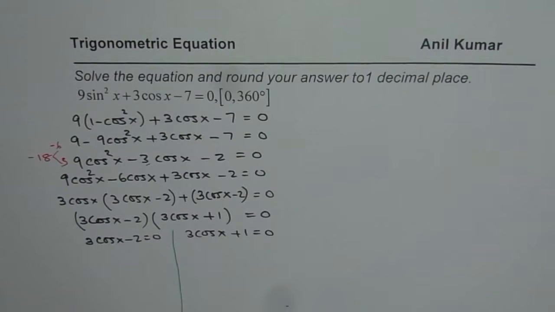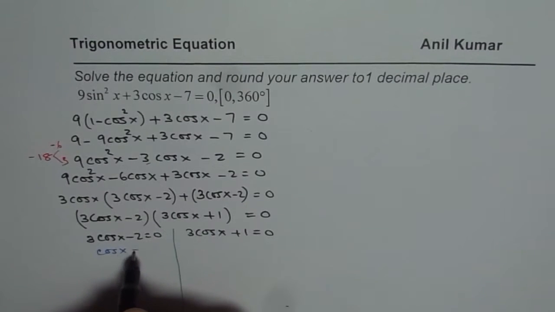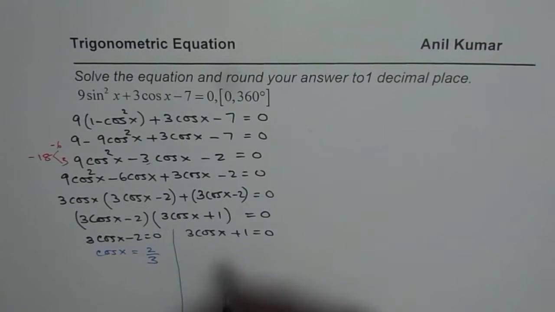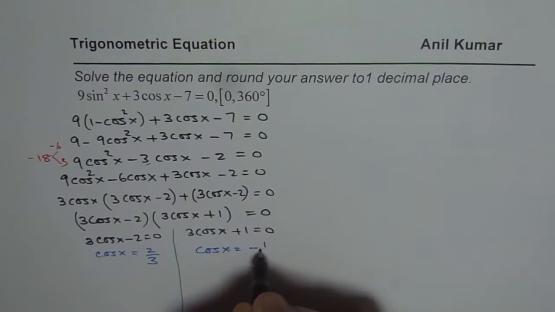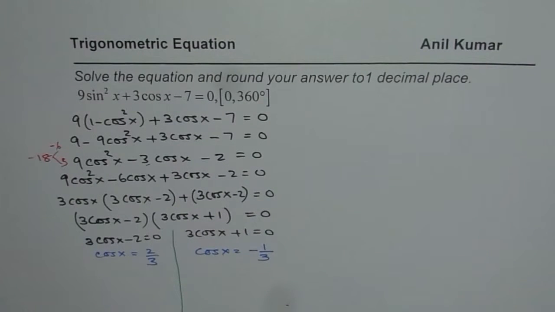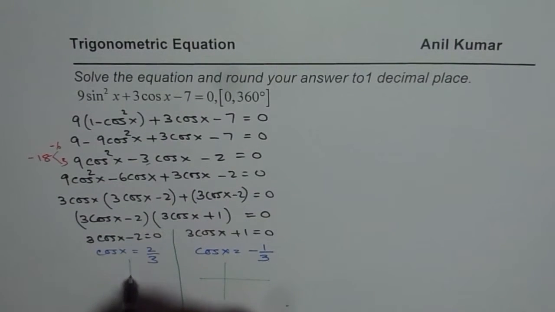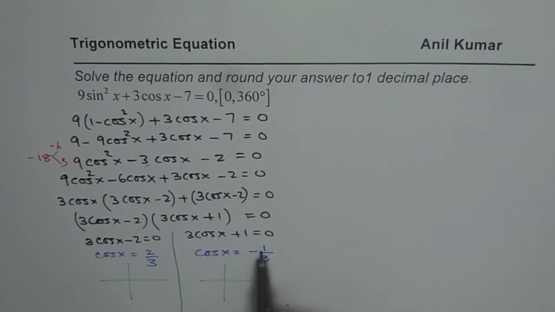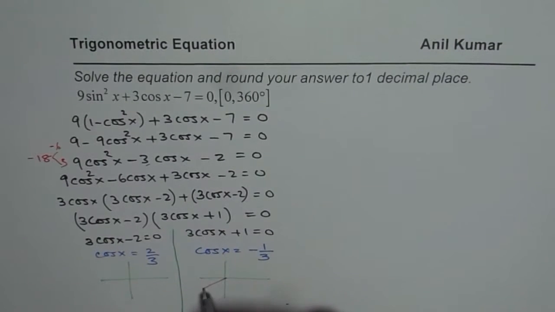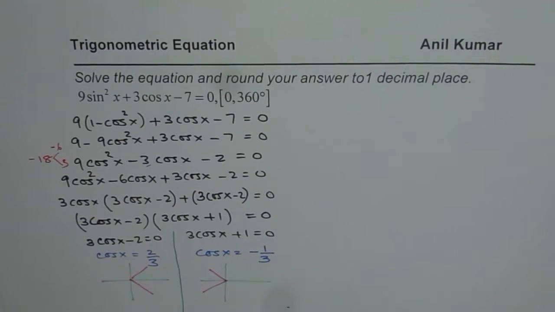Now when you solve them, you can write this as cos x equals 2 over 3, and here you get cos x equals minus 1 over 3. Let's go one step ahead to figure out where the solutions lie. Now for the first one, since cos is positive, solutions lie in quadrant 1 and 4. For the second one, since it is negative, it lies in quadrant 2 and 3, right?